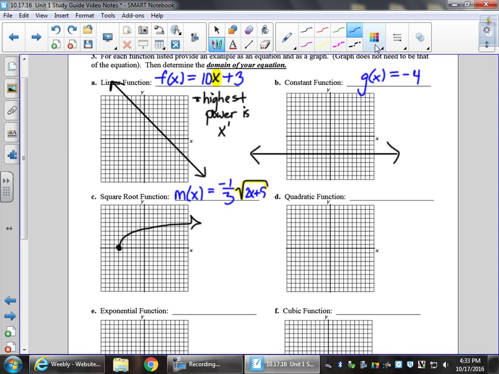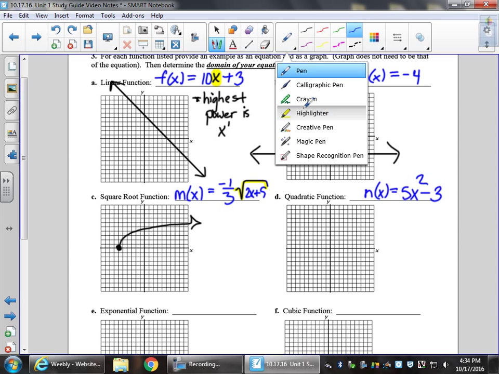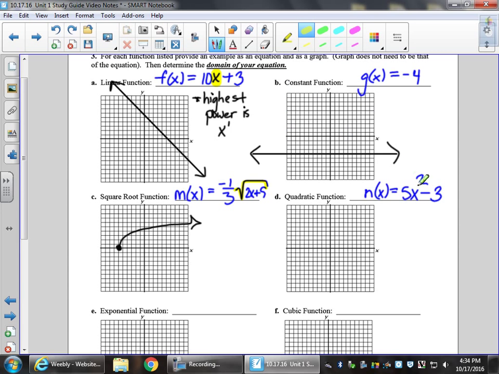Quadratic function, anything with highest degree of 2. So, let's say n of x equals 5x squared minus 3. Notice, highest power is 2, x squared, makes it quadratic.